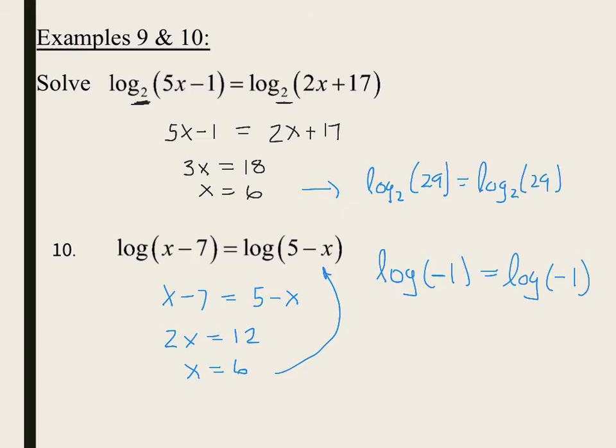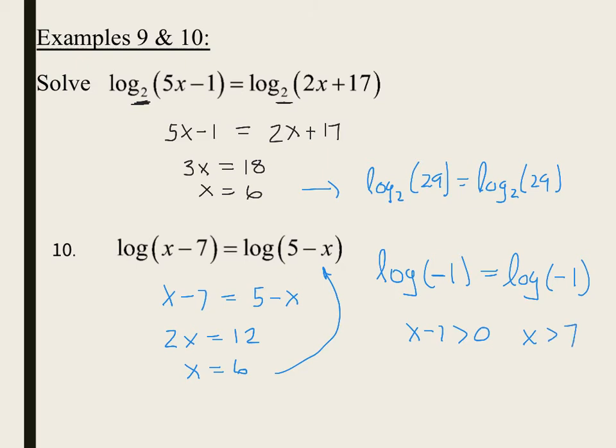Remember, whatever's inside has to be greater than 0. So for example, our domain for the logarithm on the left-hand side is x minus 7 has to be greater than 0. That means that x has to be greater than 7 on that side.